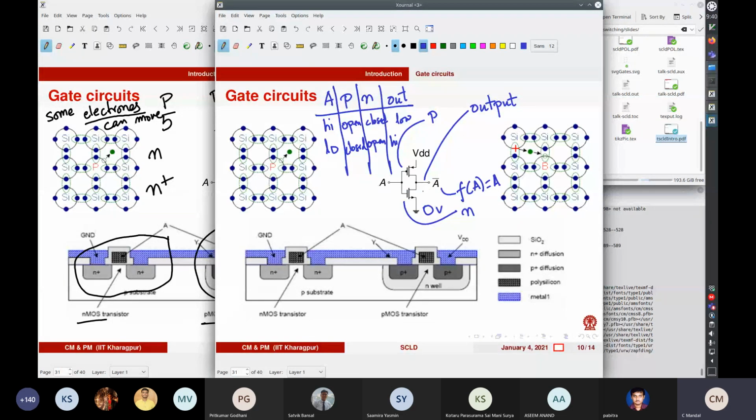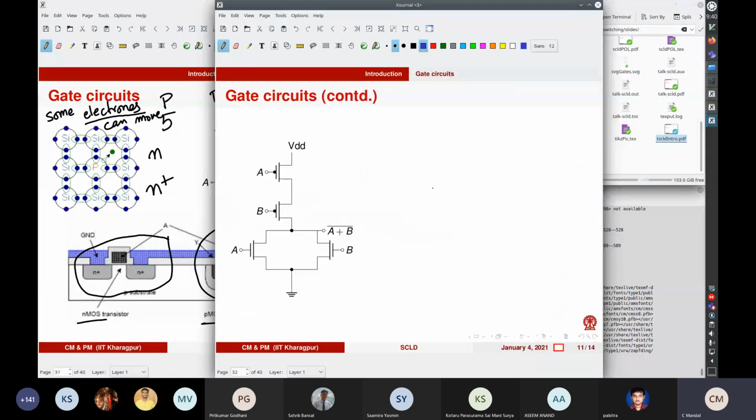So with this notion, let us look at some other transistor configurations.